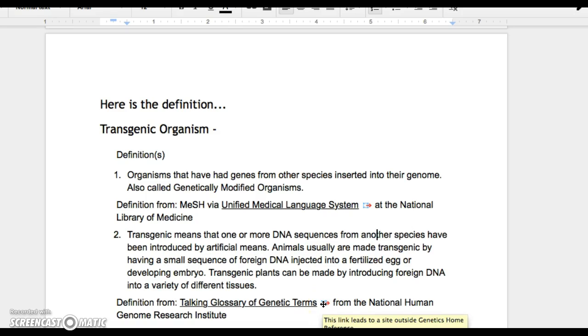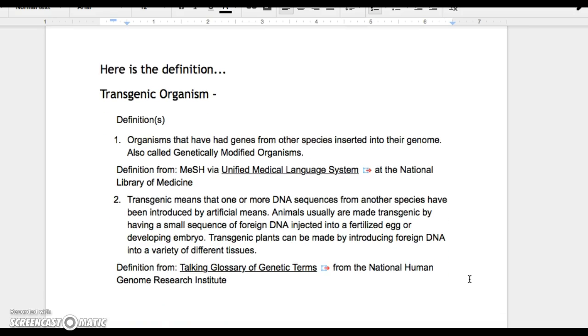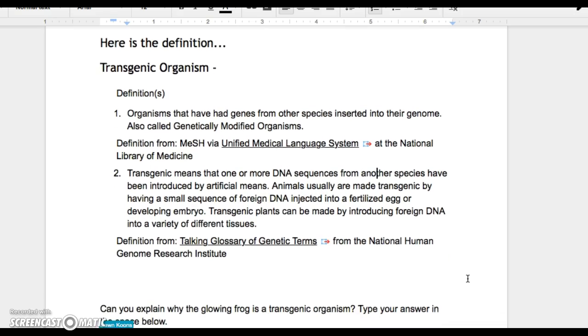Animals usually are made by having small sequences of foreign DNA injected into a fertilized egg or developing embryo. Transgenic plants can be made by introducing foreign DNA into a variety of different tissues. Okay, and that tells you where I got those definitions.